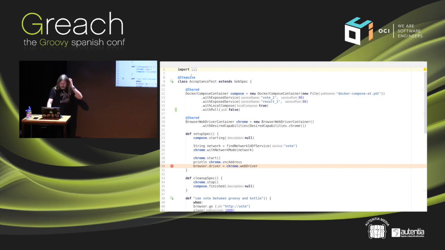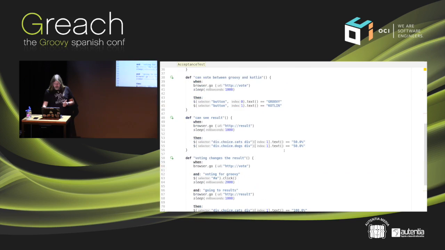So here I say I will start the compose before my specification starts. Then I do a little hack because we're still lacking Docker network support, kind of. What I'm doing here is I connect the Selenium container, which was also started, to the Docker Compose network. So the Selenium will be able to access the Docker Compose services using DNS, which is just easier. And then it starts.